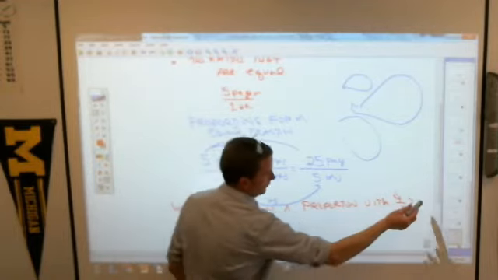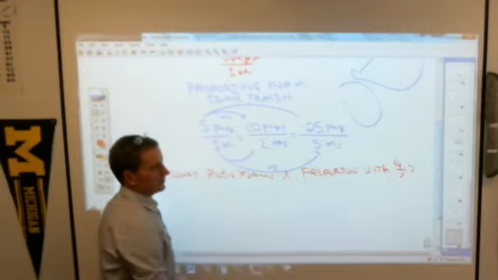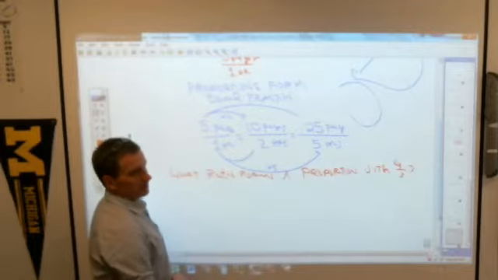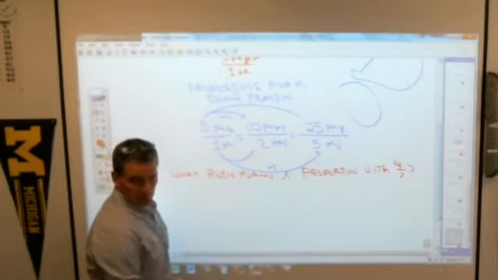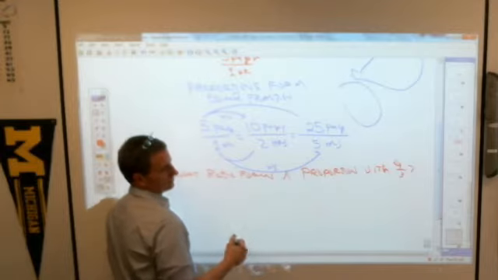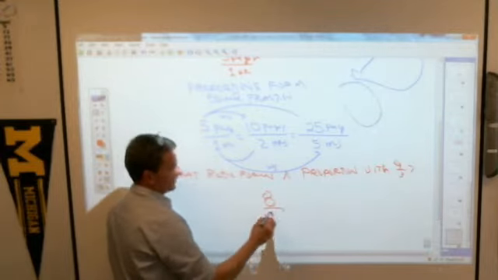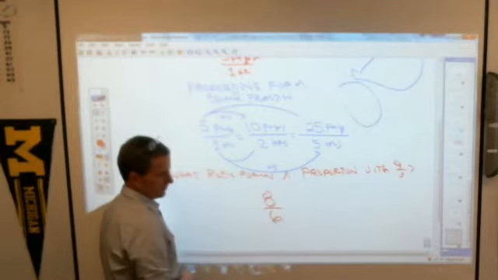Well, as long as you give me a fraction that's equal to 4/3, that's going to be true. Give me a fraction that's equal to 4/3. Brenda? 8/6. Yeah, 8/6 would be proportional to 4/3.